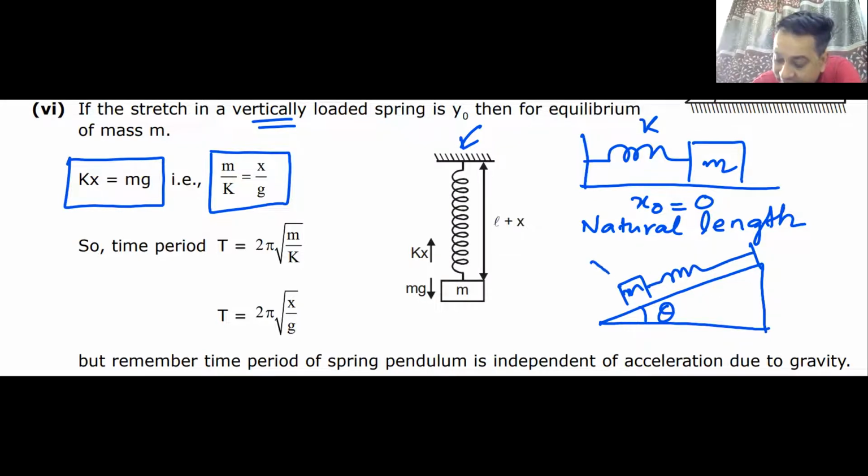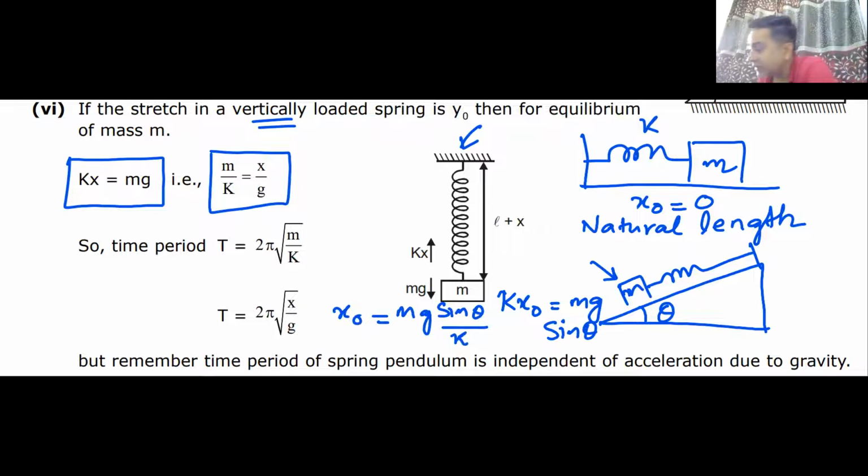In this case, the equilibrium position happens where k x naught is equal to mg sine theta. Remember, mg sine theta. So the value of x naught in this case becomes mg sine theta divided by k.